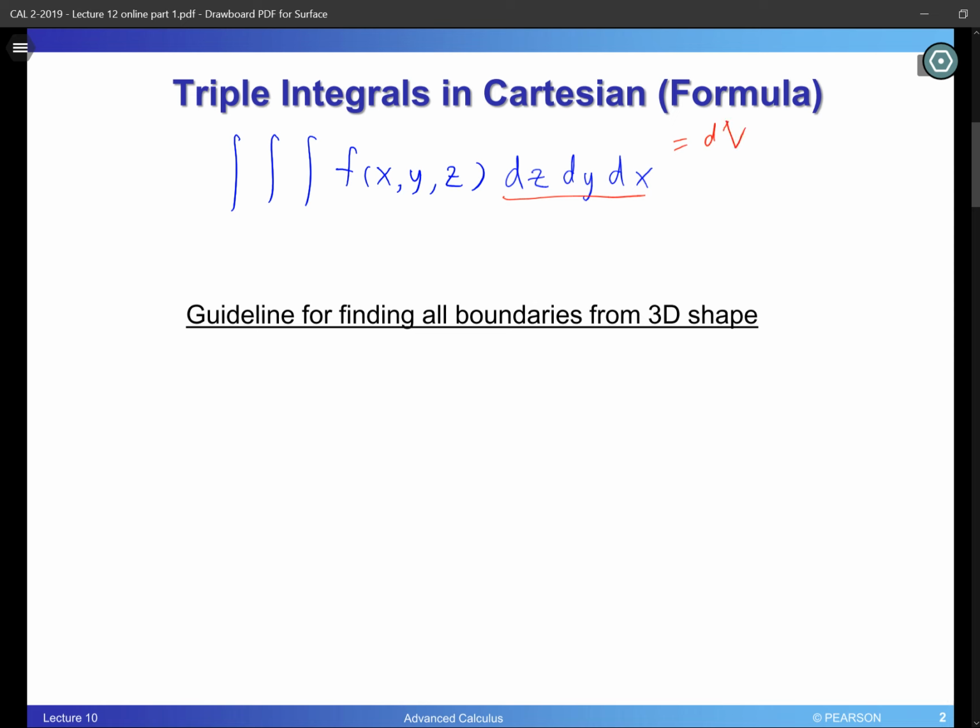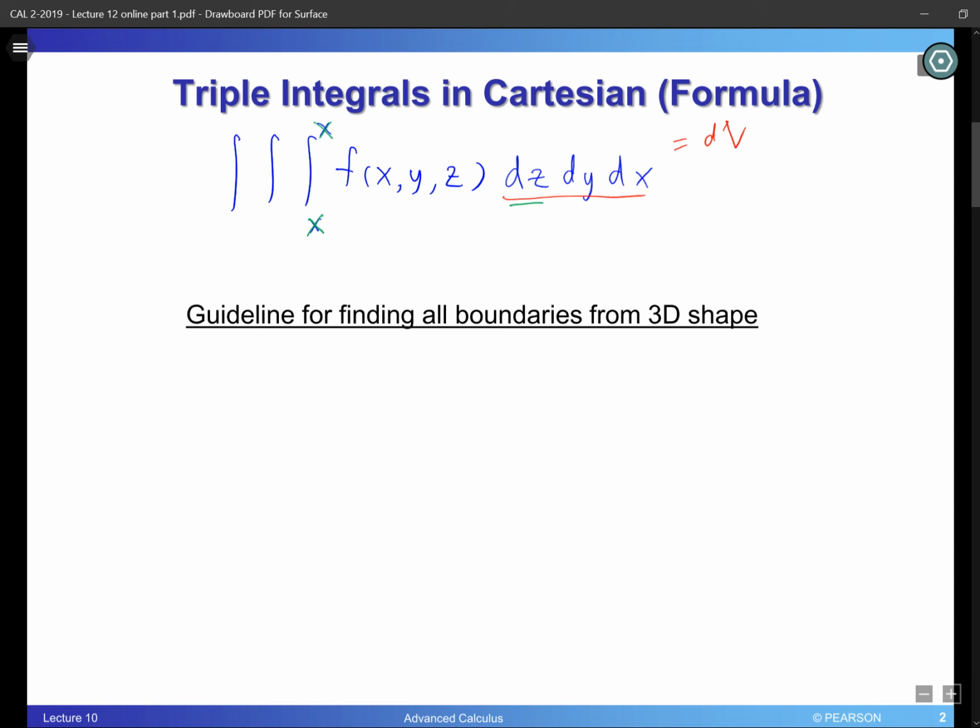Okay, all right. Now we are supposed to put some values in for the boundaries. Just like in double integration, you have to work from the inside to the outside. So in this case, you are supposed to integrate with respect to z first, and you have to specify the boundaries for z variable, these two.